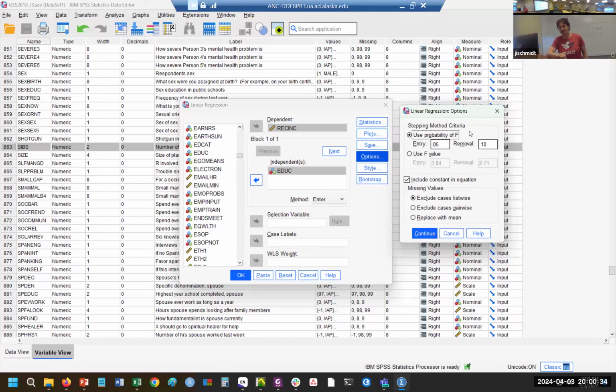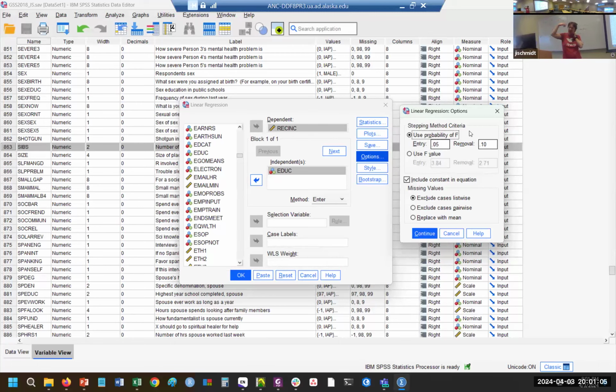The thing about this process is it looks for multicollinearity. Has anyone heard of multicollinearity? No. Basically, as you add variables to a model, they're interacting with each other. And as they interact, something might not be important anymore. In our example, we had age in here at one point.